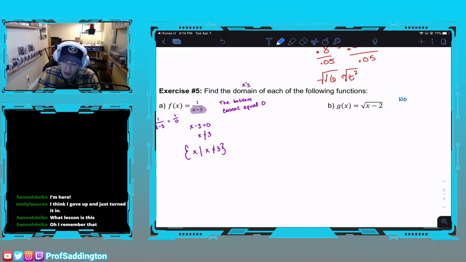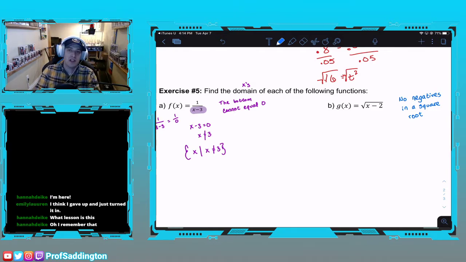So there's no negatives in a square root. And the reason why is if we do put a negative under there, that means you're going to get those imaginary numbers. So we can solve with them, but the answer is not real. So we would just call it an imaginary solution.